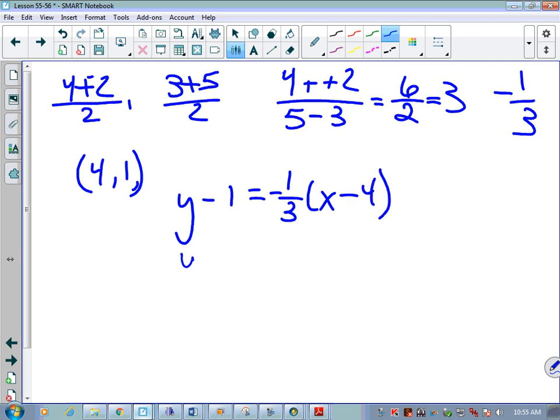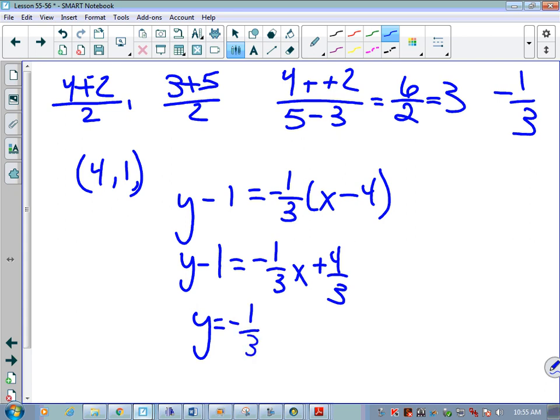Okay, y minus 1 equals -1/3 x, and that's going to be positive 4/3. Right, and then we're going to add 1 to that, which is going to be 3/3. So we should get y equals -1/3 x plus 7/3. All right, that's what we want out of that.